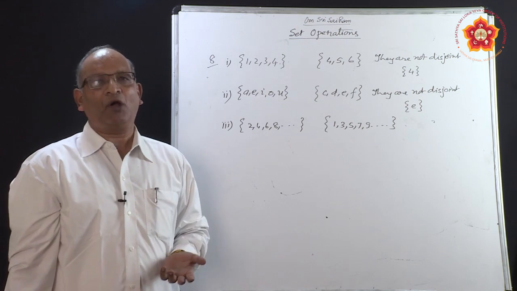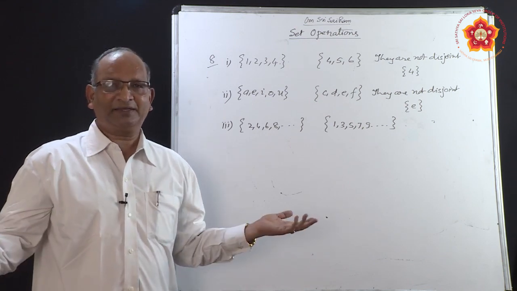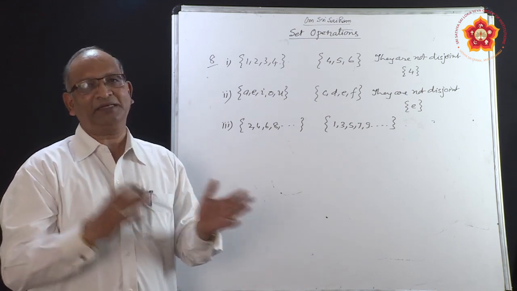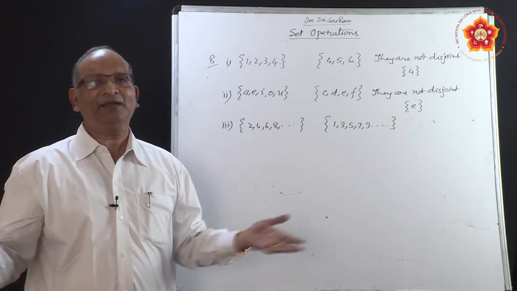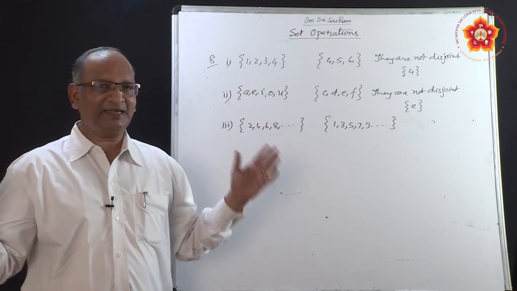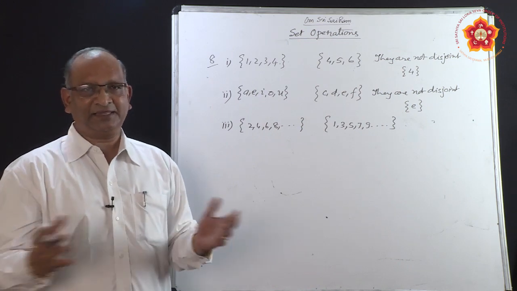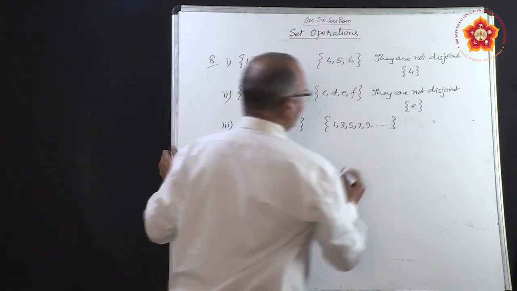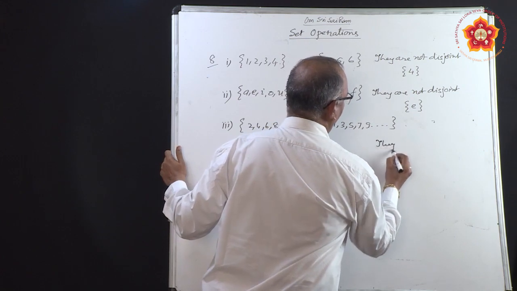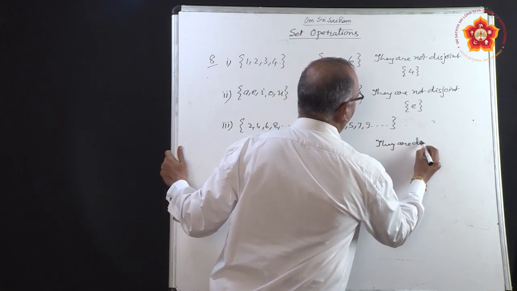Do you find anything common? We know that there is nothing common between even numbers and odd numbers. Both are disjoint sets. Why are they disjoint? Because their intersection is a null set. There is nothing common. So the answer is they are disjoint.